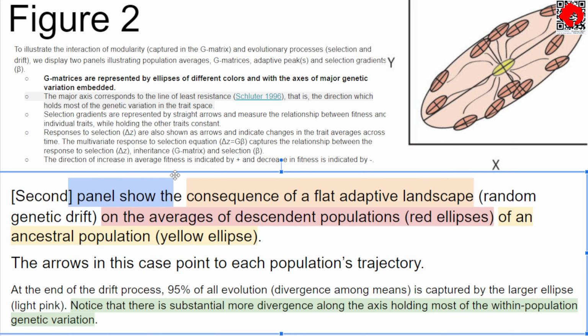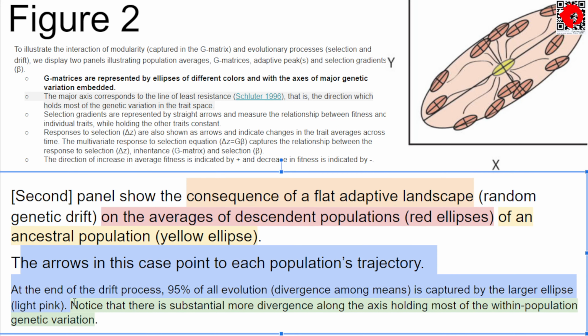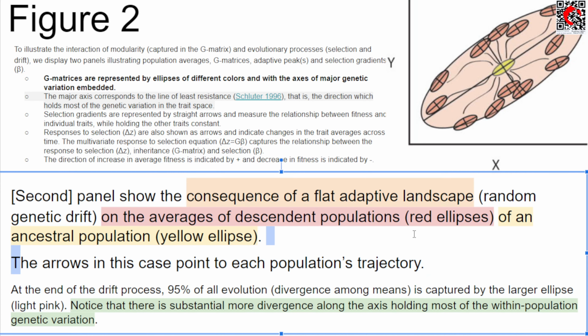Second panel shows the consequence of a flat adaptive landscape, random genetic drift, on the averages of descendant populations, red ellipses, of an ancestral population, yellow ellipse. The arrows in this case point to each population's trajectory. At the end of the drift process, 95% of all evolution, divergence amongst means, is captured by the larger ellipse, light pink.